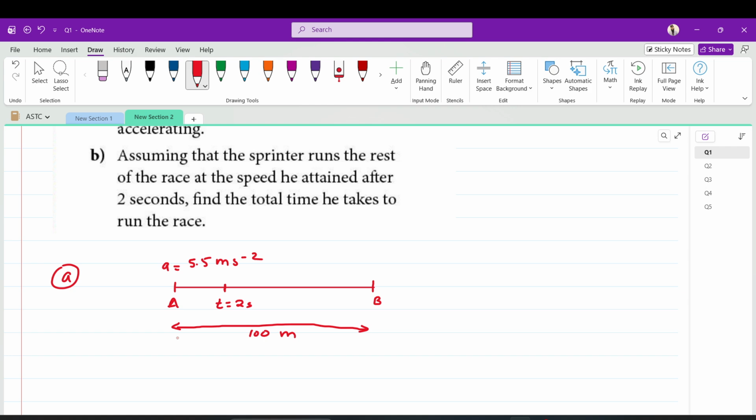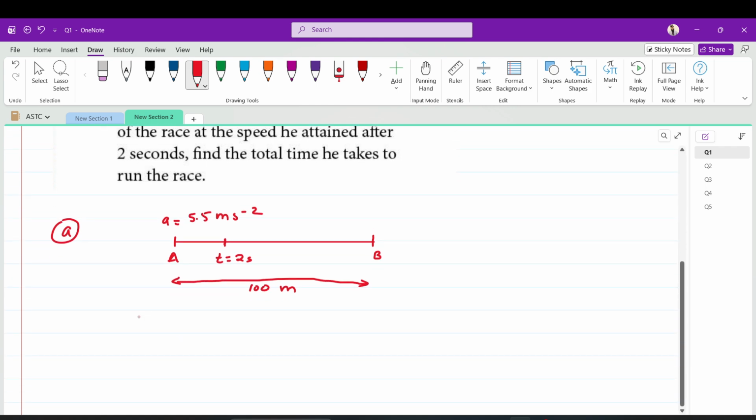t is equal to 2 seconds. All right, so whenever you need to solve equations which are about constant acceleration, always use the SUVAT form. Here we need to find out what s is, that is what's required. u is equal to 0. The initial velocity will be 0.